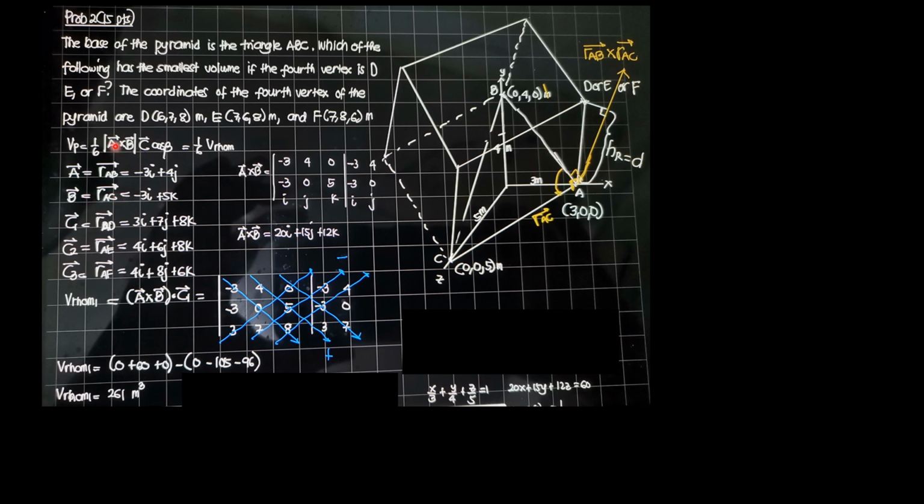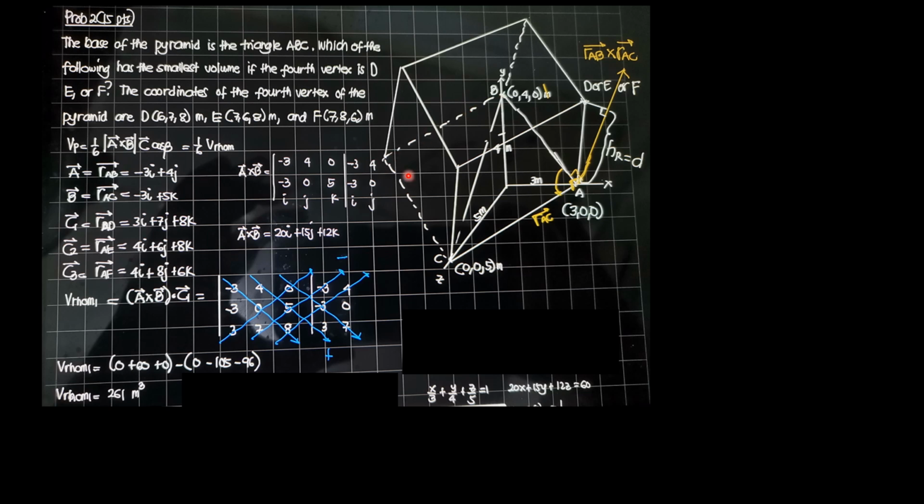And remember that this absolute value of A cross B, I already presented similar problems to this, is interpreted as the area of the parallelogram, which is the area of this base here. Can you see that base?